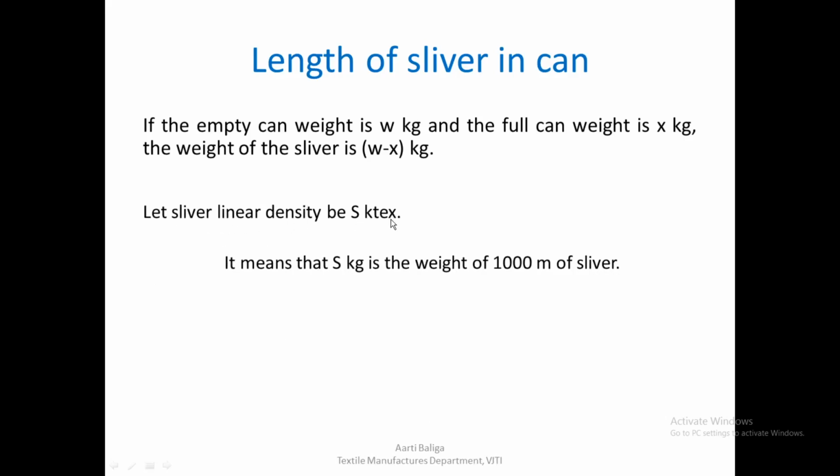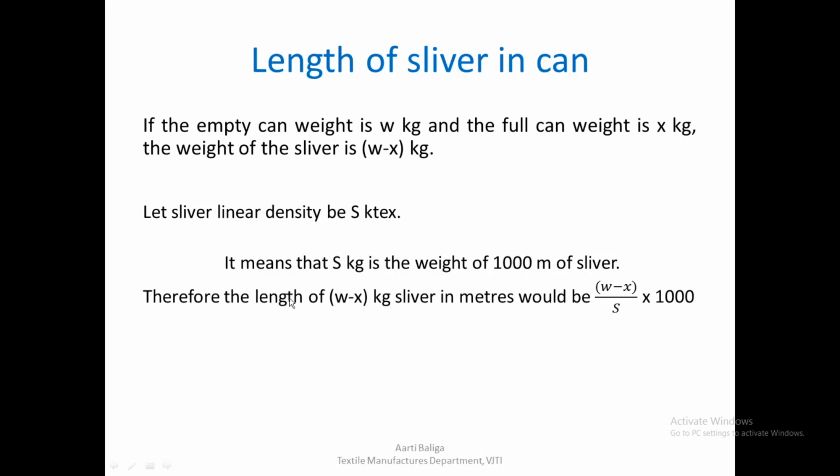Suppose it is S ktex. What this means is S kgs is the weight of 1000 meters of sliver. Therefore the length of W minus X kg sliver in meters would be W minus X upon S into 1000.